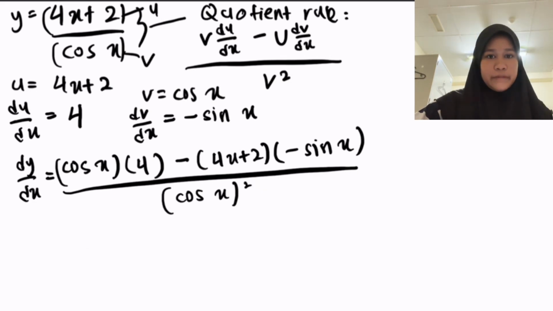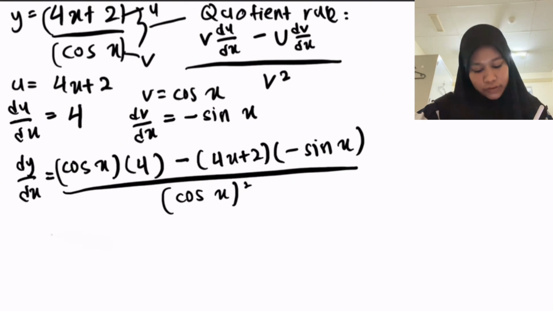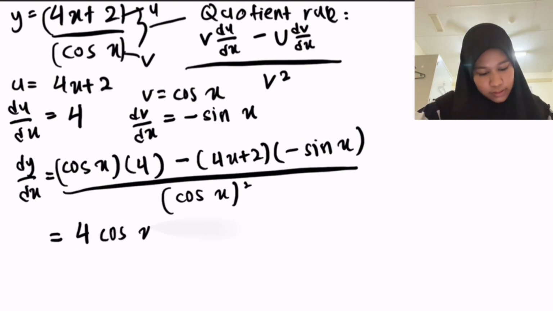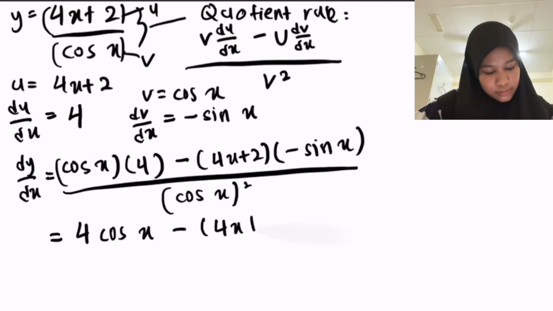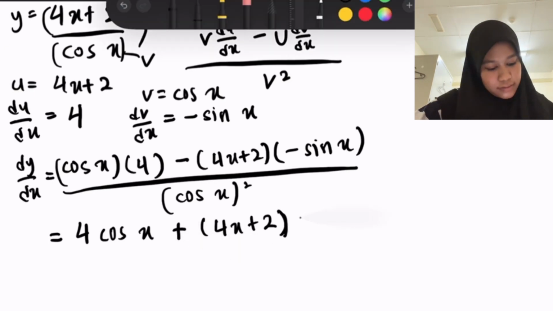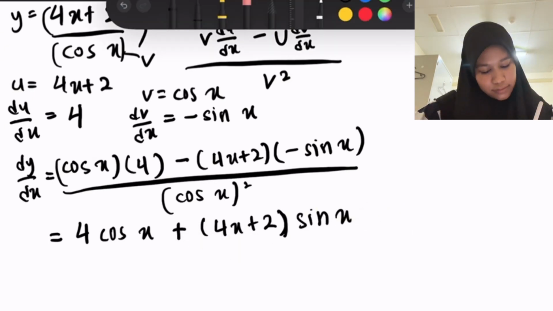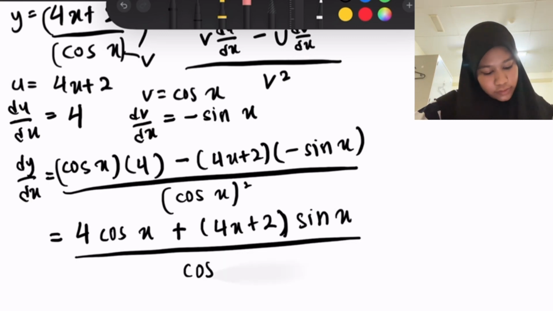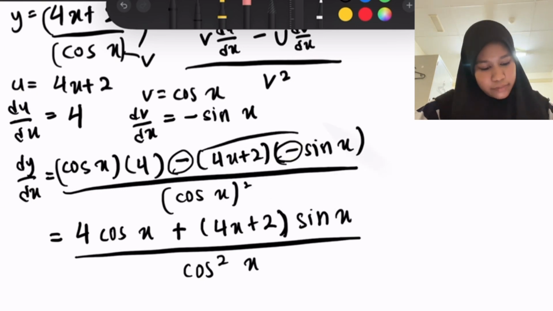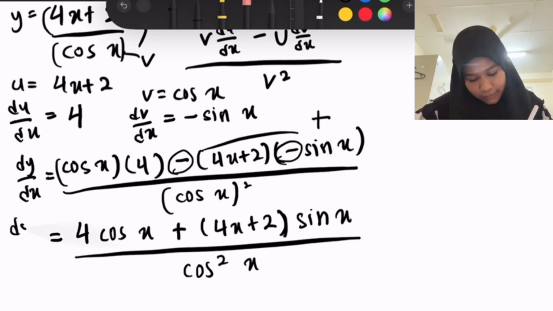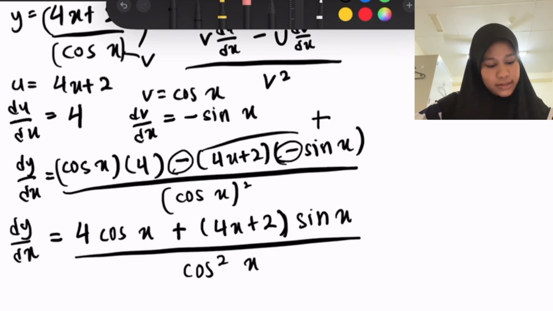Then just multiply all of it together, so it will be 4 cos x minus (4x plus 2). Oh, this will need to be plus, sin x over cos squared x. This is plus because negative times negative is positive. So yeah, this is the answer.